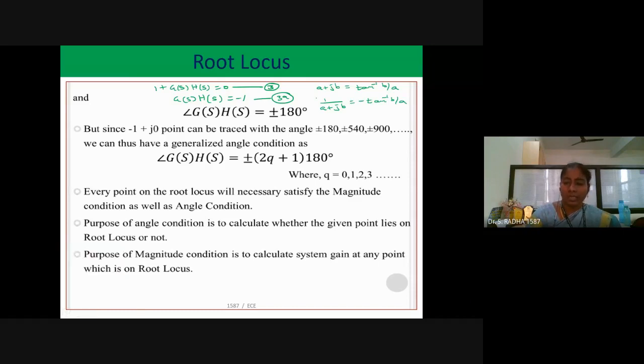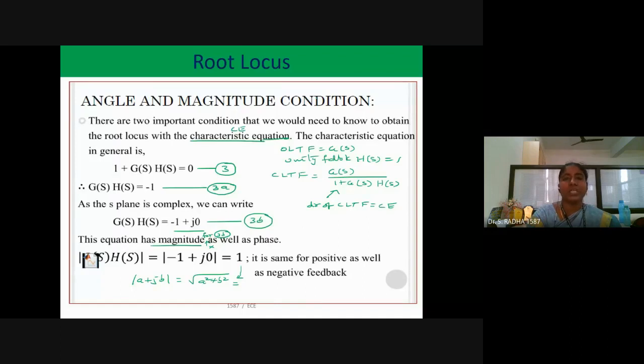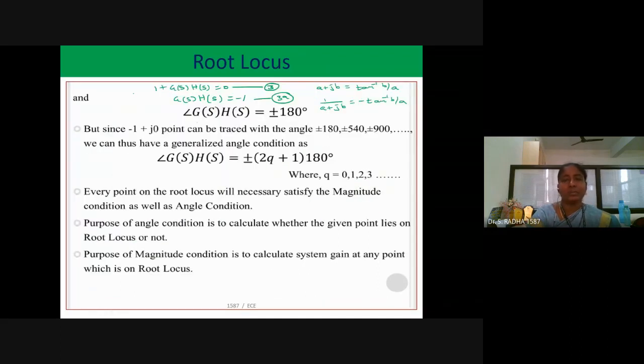Now according to equation 3b, what we have written is minus 1 plus j0. So I am taking equation 3b: G(s)H(s) equal to minus 1 plus j0. The real part is there, the imaginary part is there. Now if you make the angle criteria, G(s)H(s) is the numerator factor, so plus tan inverse imaginary part by real part.